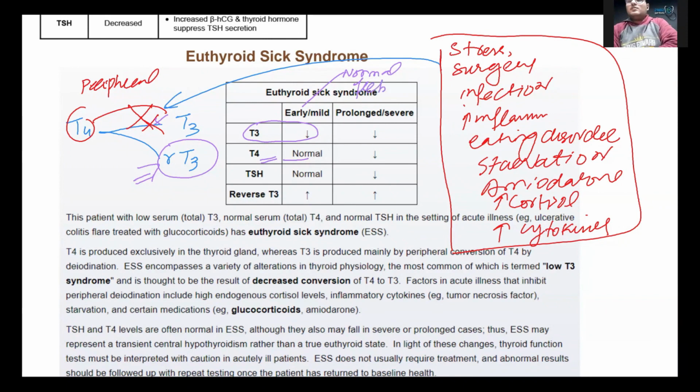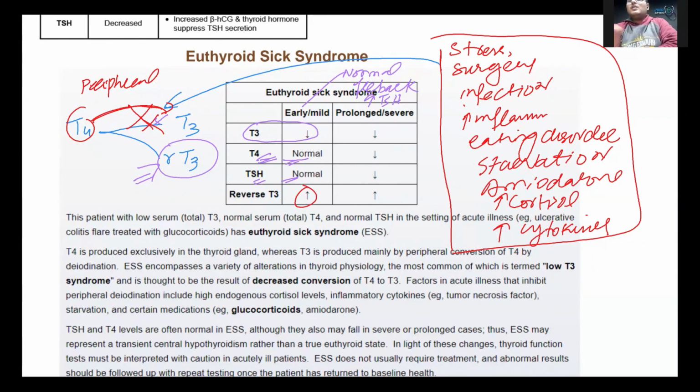Normal feedback increases the TSH, and TSH causes more production of T4 first, and after this T4 it will be normalized. Because T4 is normalized, TSH will also be normal. But reverse T3 will be high, because T4 is not converting into T3.